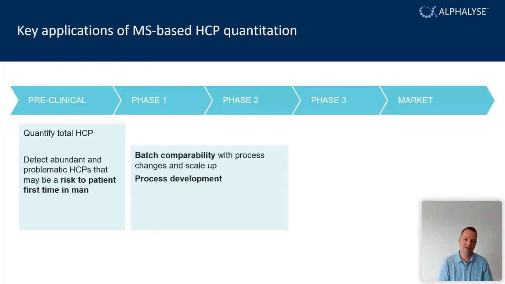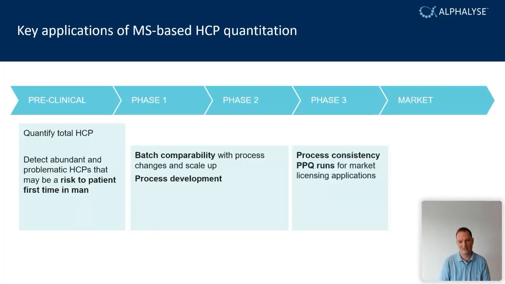When you go into the clinical development, our clients use the technique to do process development to control and remove abundant or problematic HCPs, and they use it for batch comparability when they change the process and when they scale up. In phase 3, the method is used for process consistency for PPQ runs for market licensing applications.